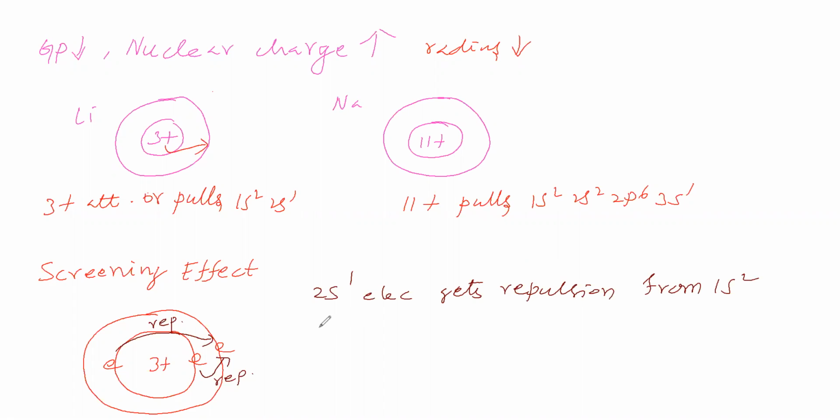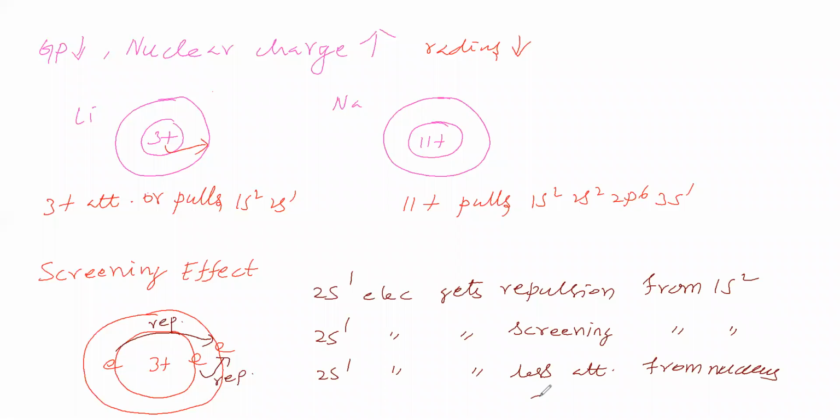That means the 2s1 electron gets screening from 1s2 electrons. Therefore, the 2s1 electron gets less attraction from the nucleus due to 1s2. This effect is called the screening effect.